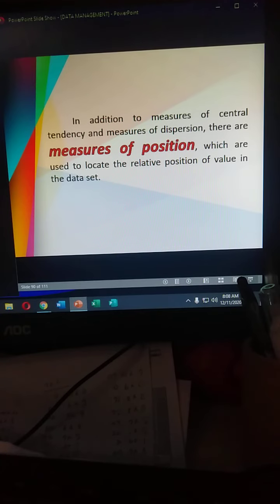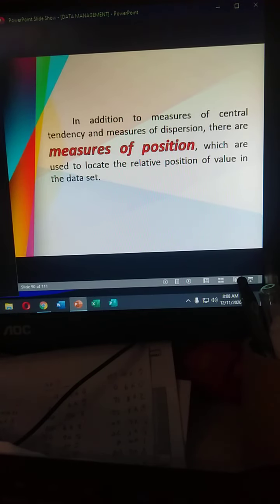In addition to the measure of central tendency and measures of dispersion, there are measures of position, which are used to locate the relative position of a value in the data set.